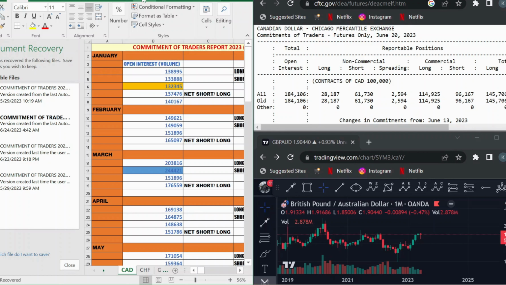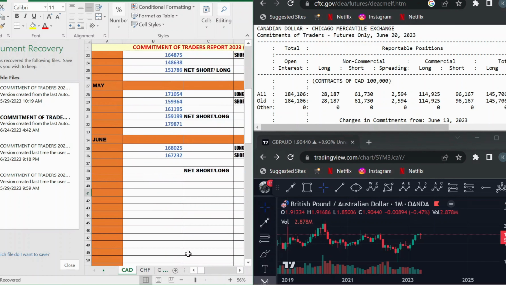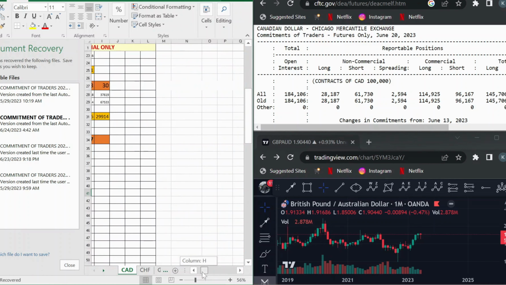So you're going to fill in the data. So the open interest here is 184,106.